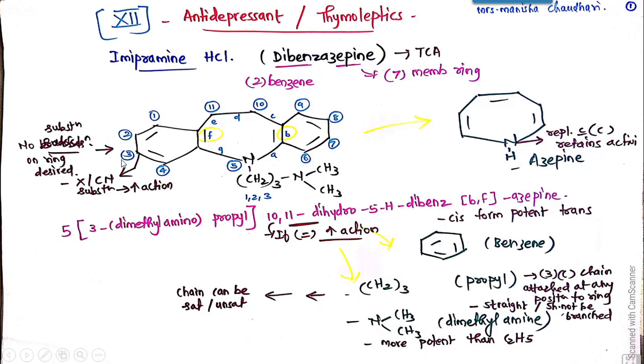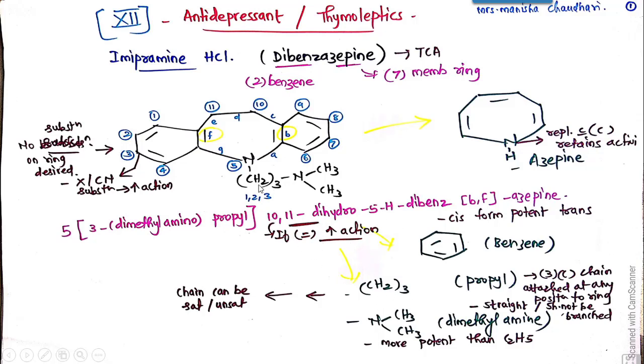But if the third position is substituted with either halogen or cyanide, this substitution leads to an active compound, with higher action. Then if at the 10th and 11th position, instead of dihydro, a double bond is present, it also leads to increased action.